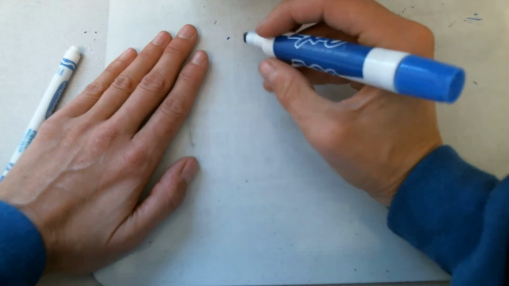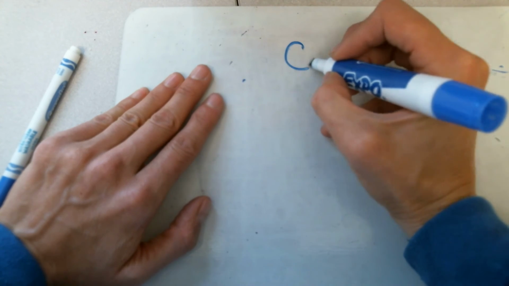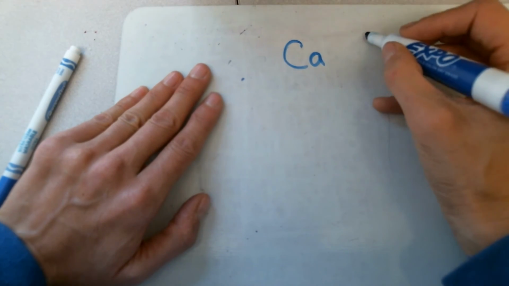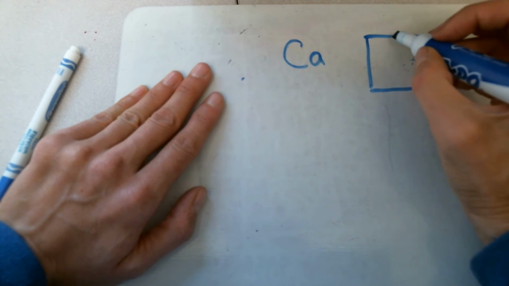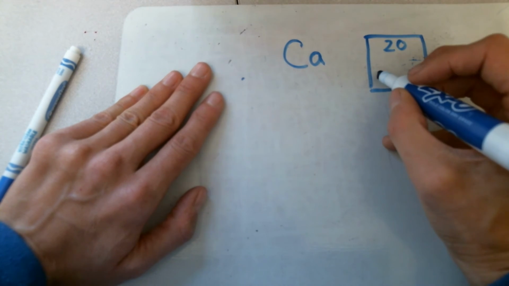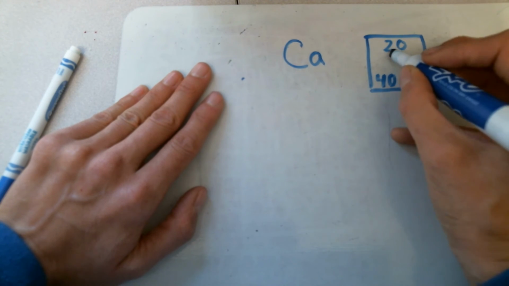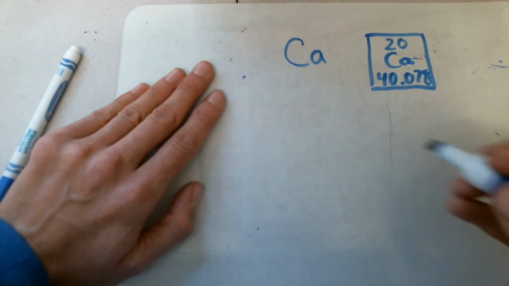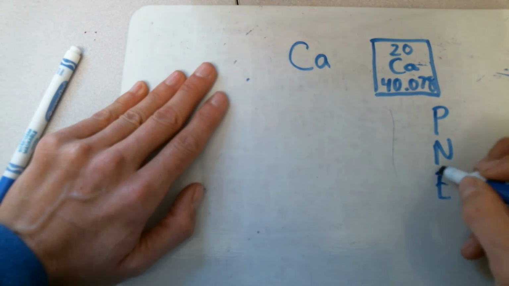Okay, so let's look at calcium. So calcium is Ca, and if we draw out the box, on the top is the number 20. Underneath is the number 40.078 and the symbol calcium. So first let's decide how many protons, neutrons, and electrons calcium has.